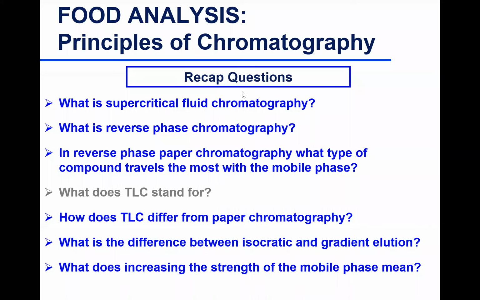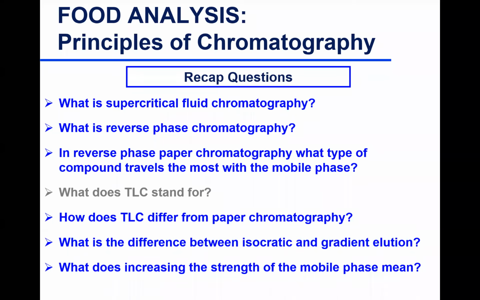What is reverse phase chromatography? Sam? You have a polar solvent, or polar phase and non-polar. Exactly. So in reverse phase, we have a non-polar stationary phase and a polar mobile phase. In this type of chromatography, which component elutes first? The non-polar or the least polar, or the most polar leaves the column first?